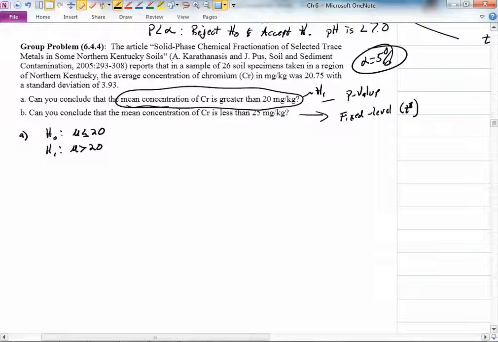Is on B already? Paperless today. You're very green. You're very earth conscious today.